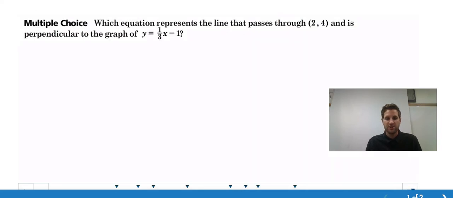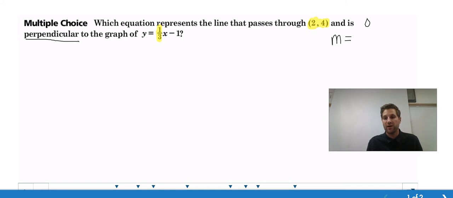Okay, so this is much like our last problem. This time we're going to be talking about a point and it being perpendicular to the graph. So we have our point and we have the slope, but we need to do some work with the slope because the slope is not going to be 1/3. We want the opposite reciprocal.